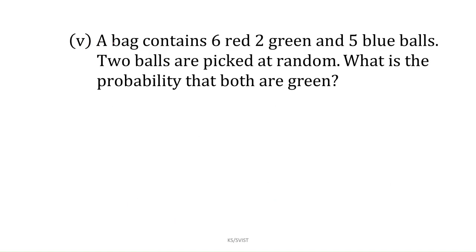Next question. A bag contains 6 red, 2 green and 5 blue balls. 2 balls are picked at random. What is the probability that both are green? Here total balls are 6 plus 2 plus 5, 13.